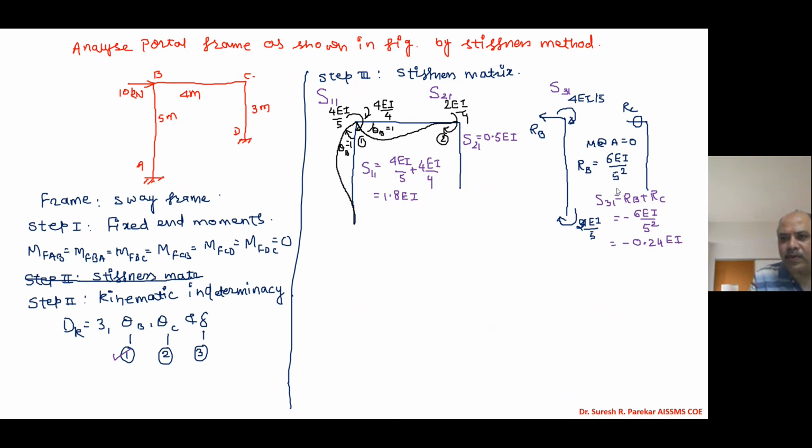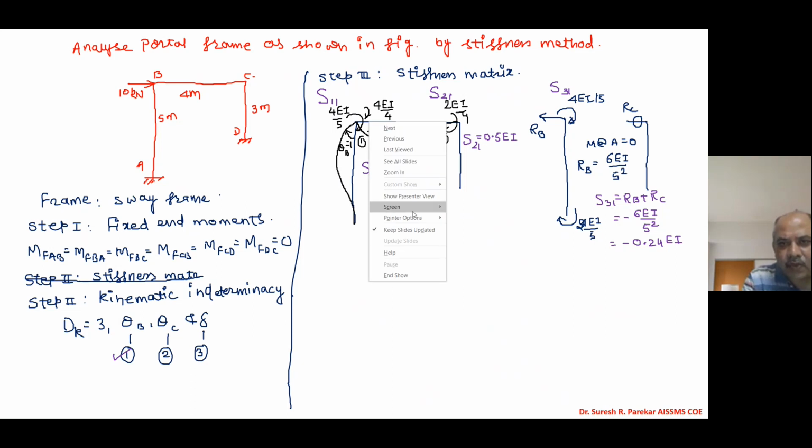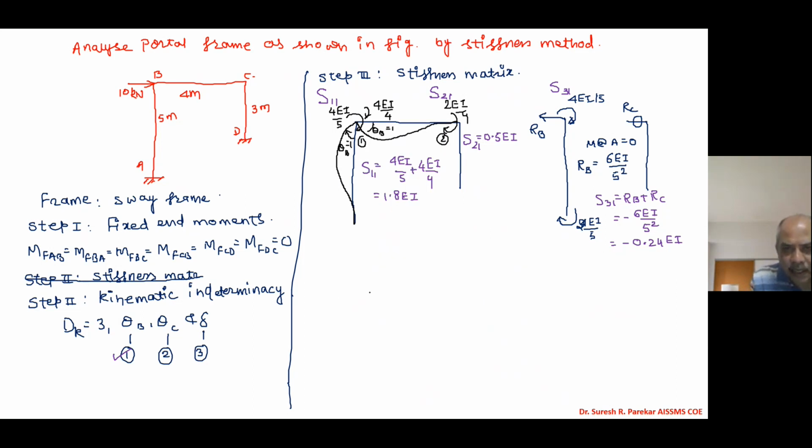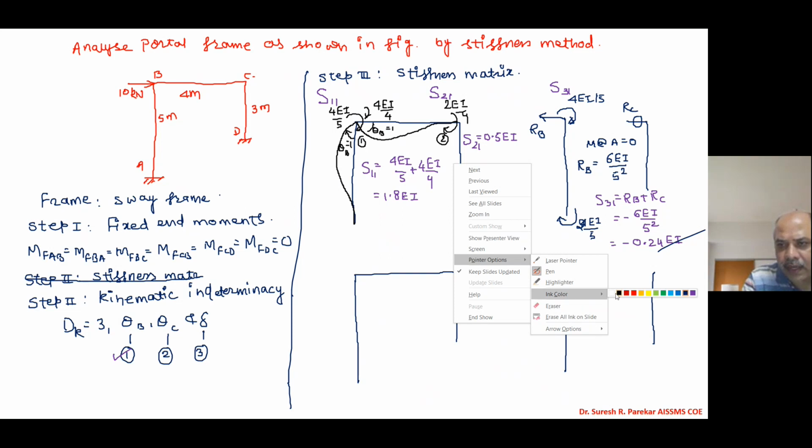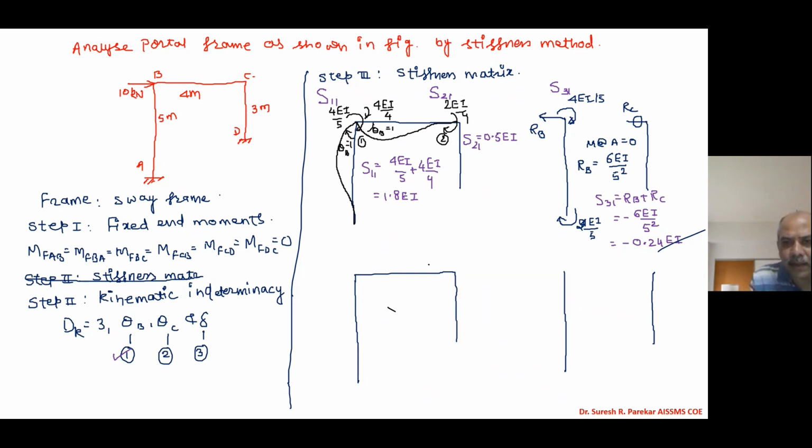So these are all the values when we have applied unit displacement at 1. Now we will switch over to unit displacement at 2, that is theta c. I will first draw the diagrams which we require here also, which are RB and RC. Now we apply theta c equal to 1, which is again clockwise, so we will have upward 1.